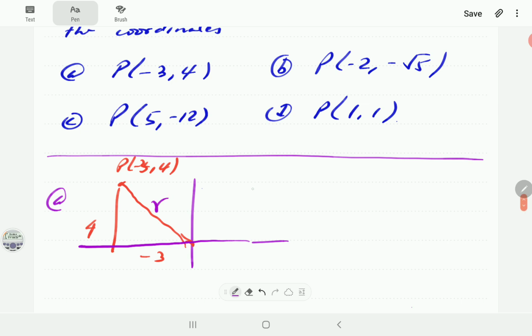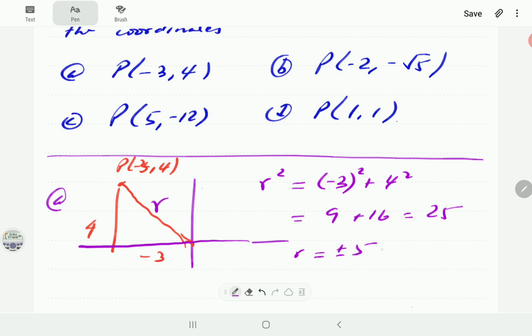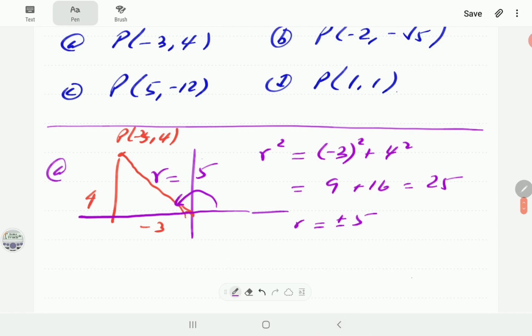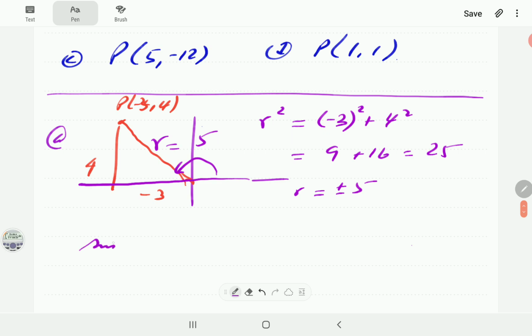Okay, so we'll start by finding that r squared is going to be negative 3 squared plus 4 squared, going to be 9 plus 16, going to be 25. So r is going to be plus or minus 5, but r is a length, so we are only going to choose 5, because this is our theta here, and then sine theta is just going to be the opposite over the hypotenuse.